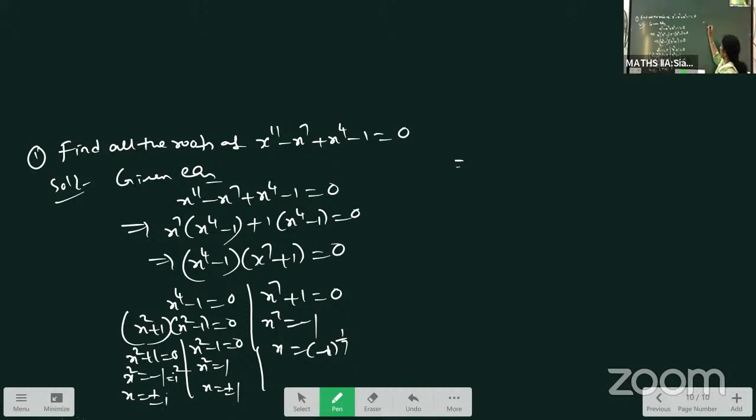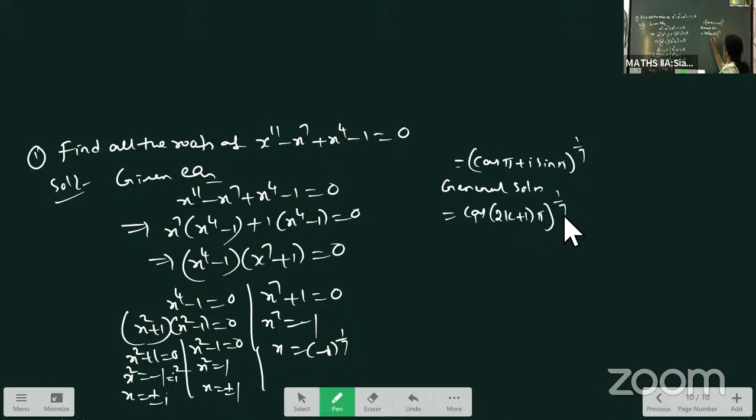So minus 1 equals cos pi plus i sin pi, whole to the power 1 by 7. So the general solution of this is (cos (2k plus 1) pi plus i sin (2k plus 1) pi) whole to the power 1 by 7, where k equals, remember always, start from 0 and take one lesser value than the denominator: 0, 1, 2, 3, 4, 5, 6.